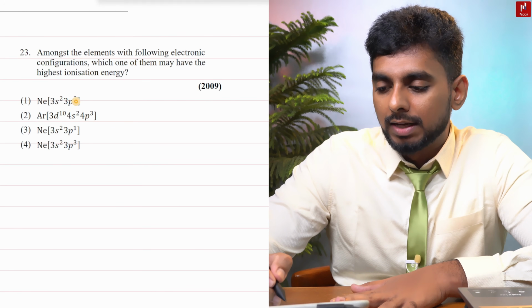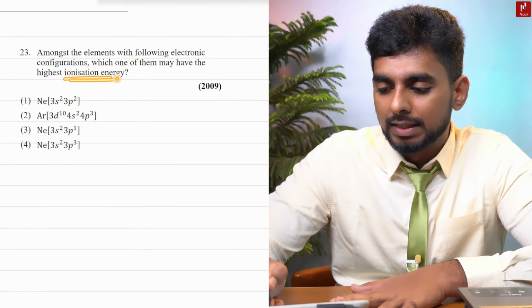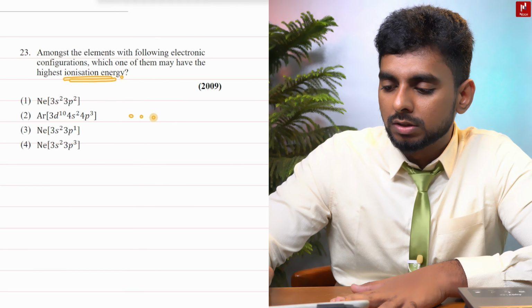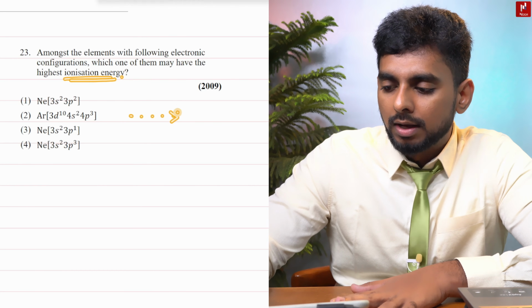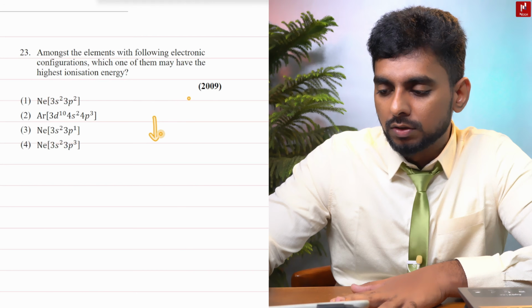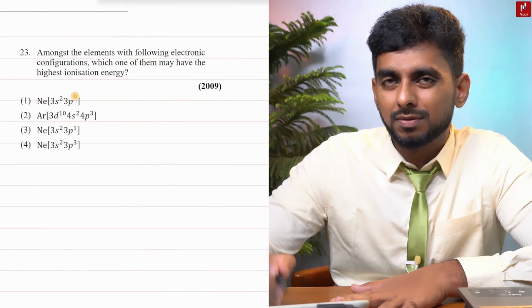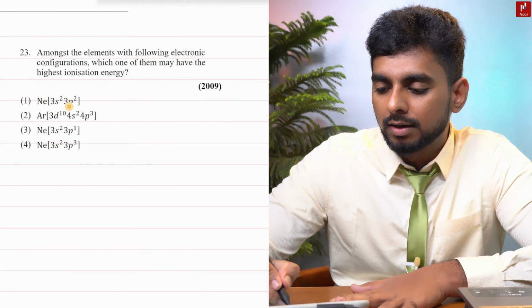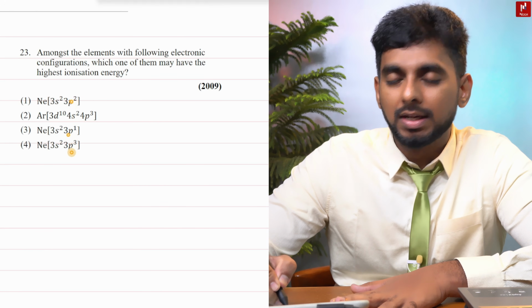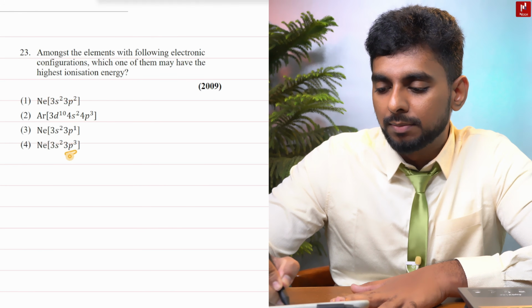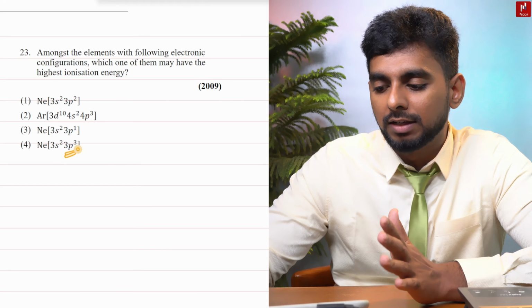So here I just need to get the highest ionization enthalpy. As we already know, across the period it has to increase, and down the group it has to decrease, right? So just by looking across the period, you have got 3p1, 3p2, and then 3p3. The only exception over here is this 3p3, which is completely filled.